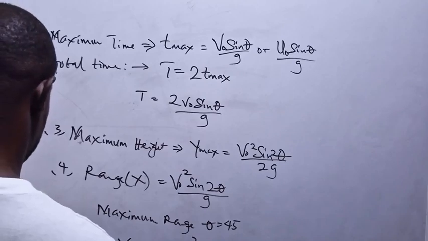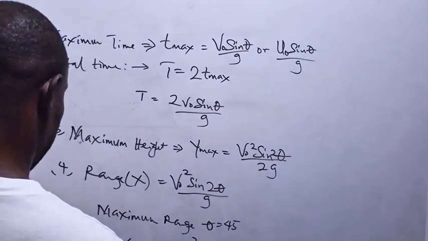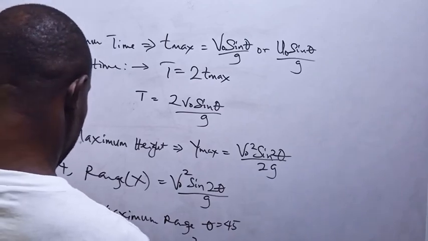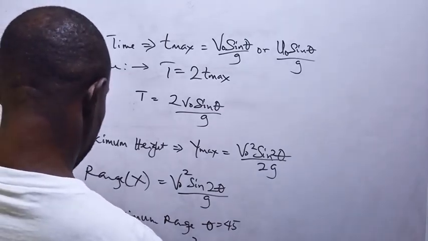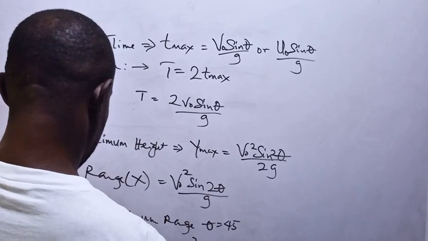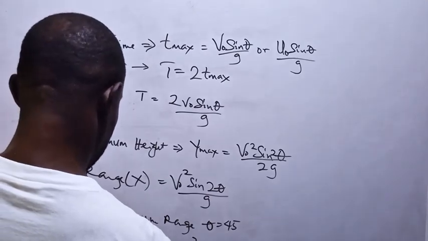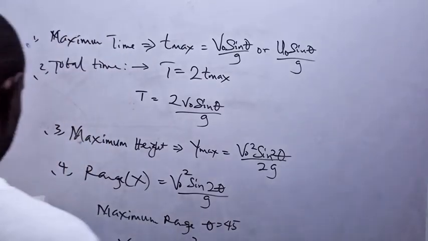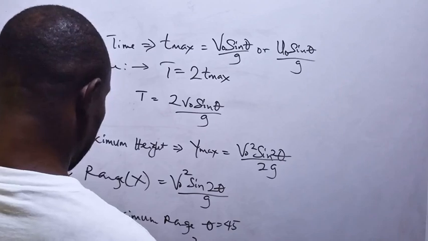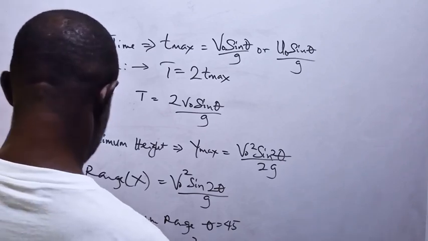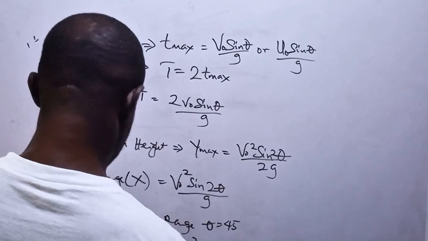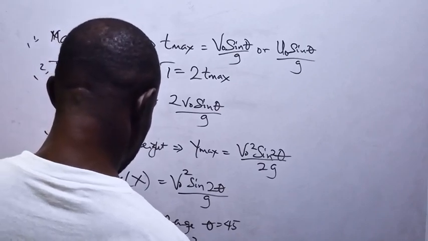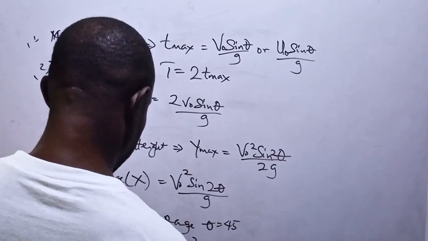Therefore, S max here is equal to v naught squared sine 90 over g. And this can also be written as S max equals v naught squared over g.